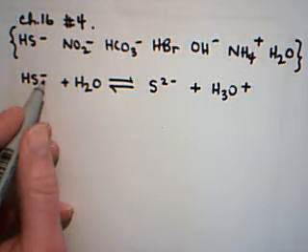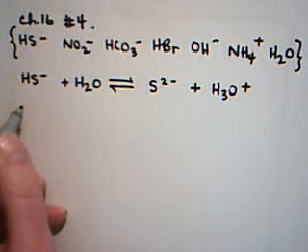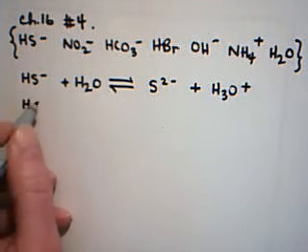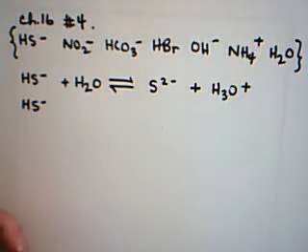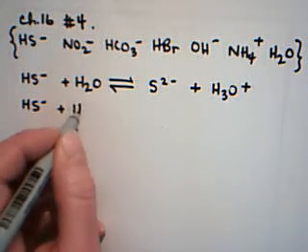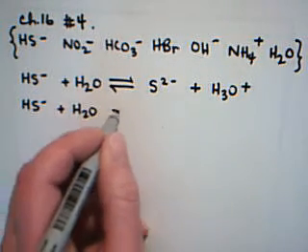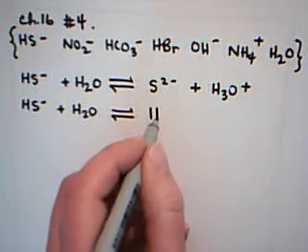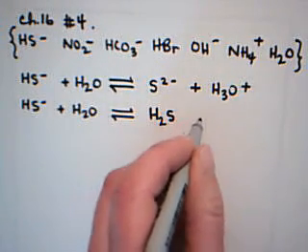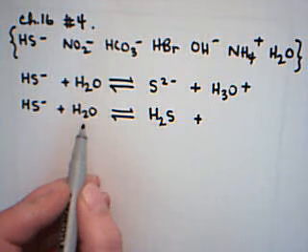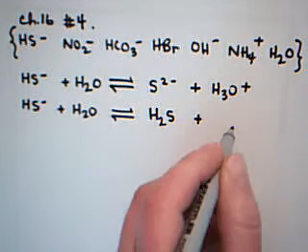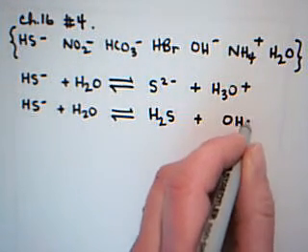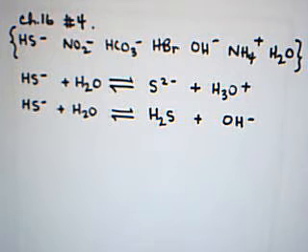All right, so that's feasible. Similarly, though, since there is a negative charge here, you might think that it's also a proton acceptor in water. And so if we investigate that possibility, then that would become H2S, and that proton would have come from the water, so in this case water is the acid, and therefore it would leave behind OH minus.